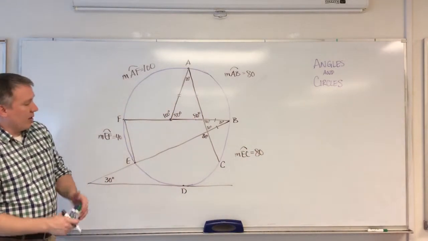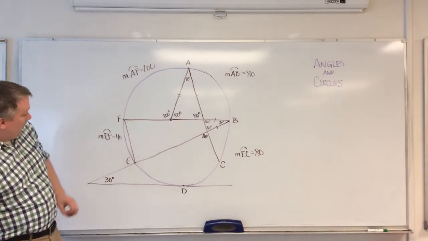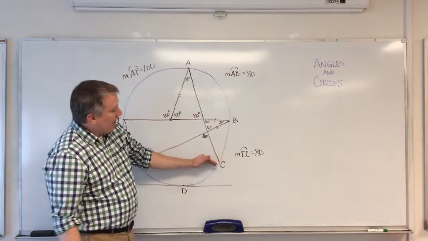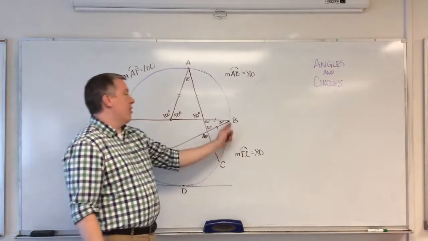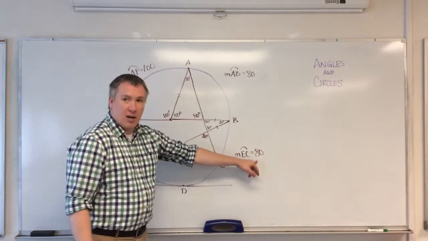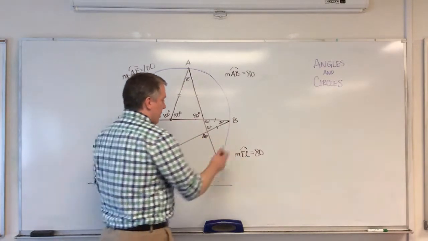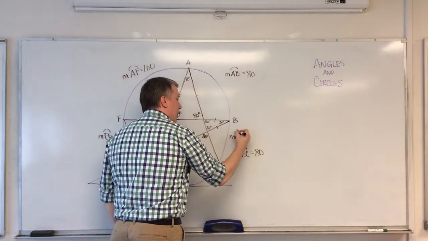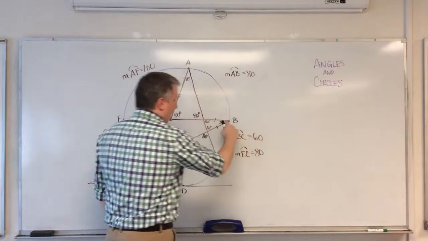Okay, so you can see we're starting to really move around. Now, if this right here is 40, and from E to C is 80, and this is half of a circle that adds up to 180, well then 40 plus 80 is 120, which leaves 60 degrees. So the measure of arc BC is 60 degrees right here.